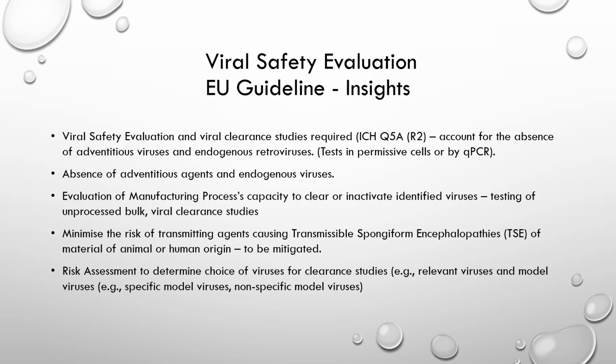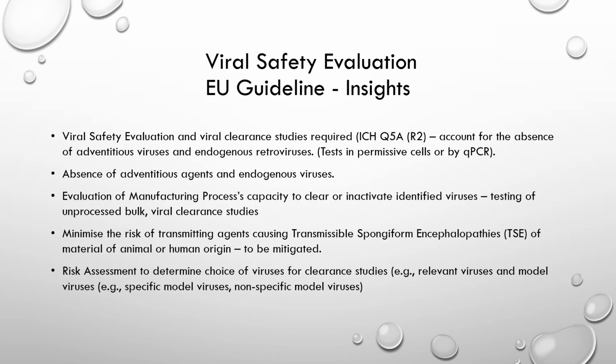And your risk assessment will give you the actions that you need to mitigate any risks that have been identified, and then you would need to test your manufacturing process to ensure that those mitigation steps will actually work.